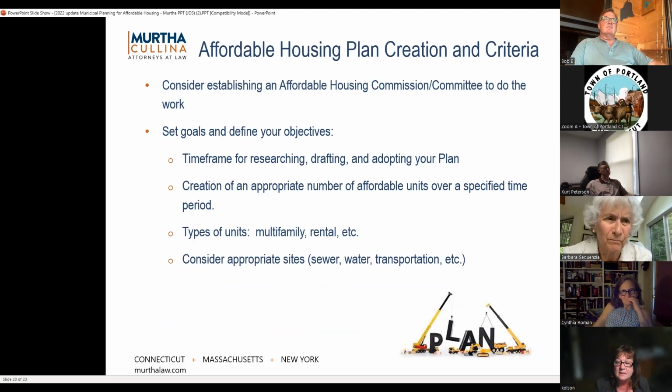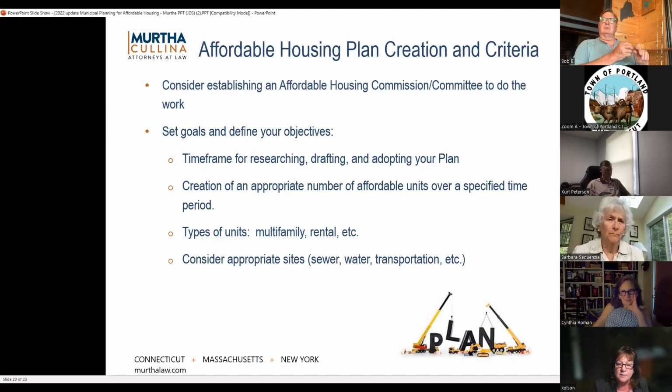Let them look into what they think is missing or lacking and make some suggestions to you. Just an idea. You should set goals and define your objectives, like a time frame. Creation of an appropriate number of affordable units over a specified time. So think about it and be realistic.